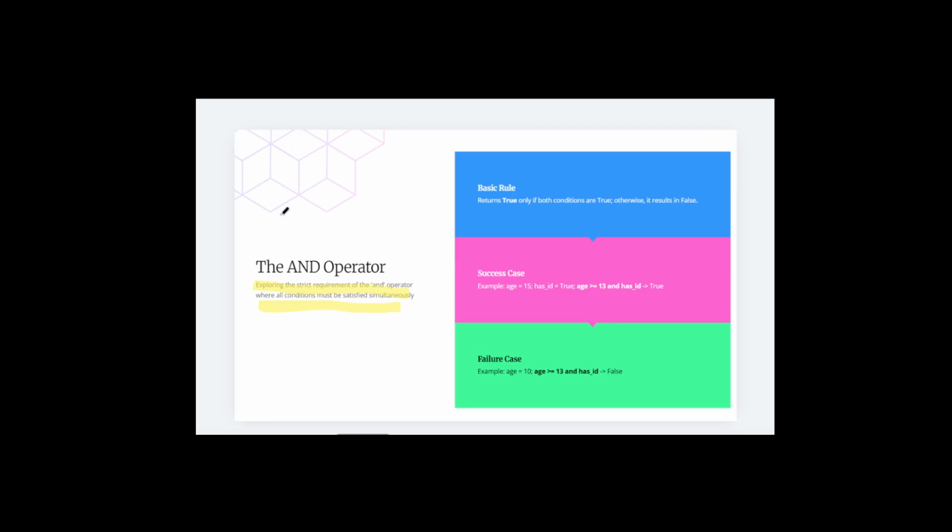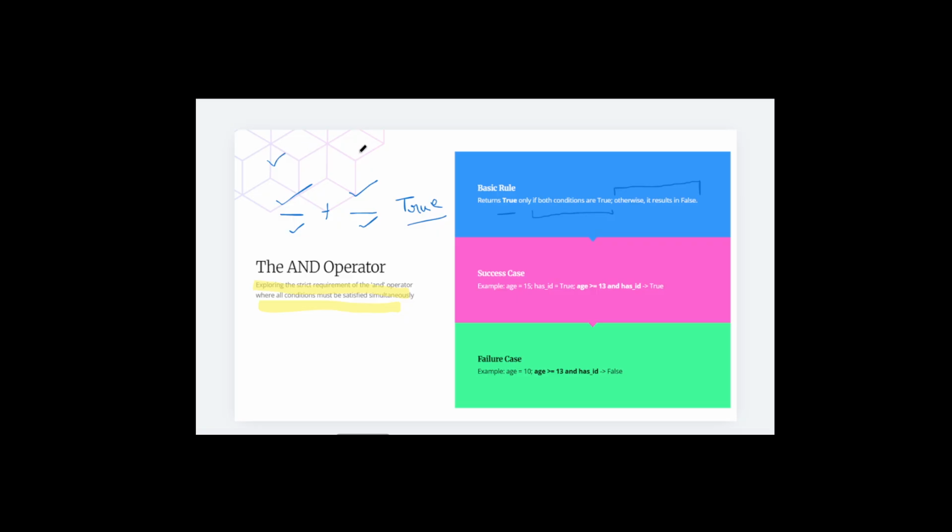If you have two conditions to be checked together, only when both conditions are true will the output be true. If both conditions are true, the output will be true. Otherwise, it will result in false.